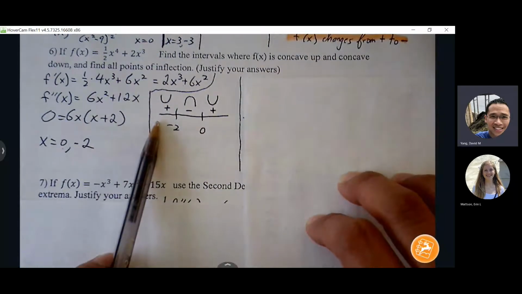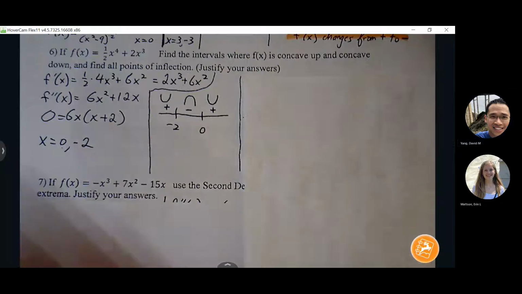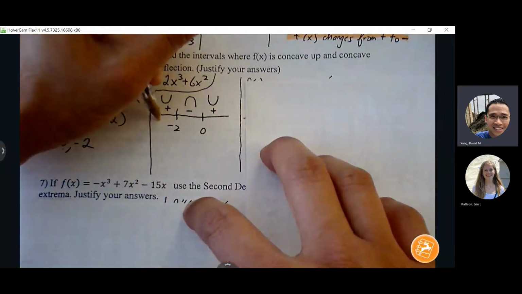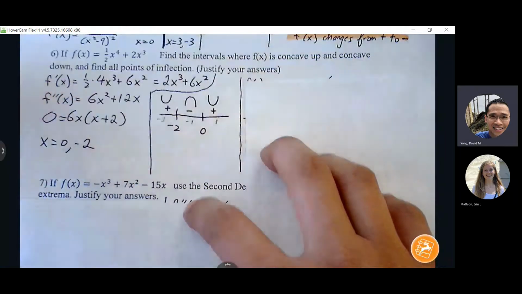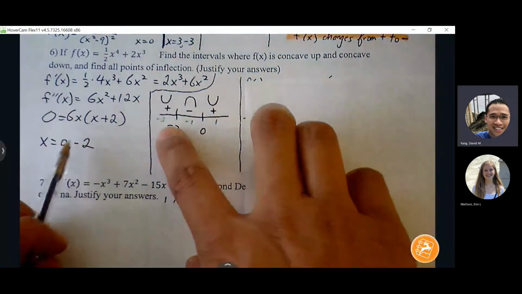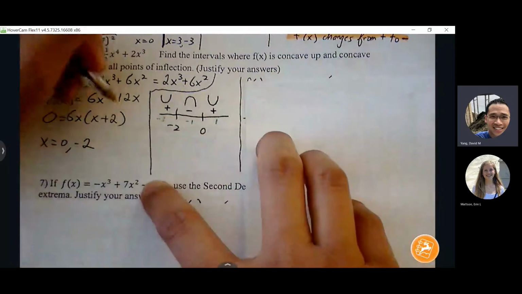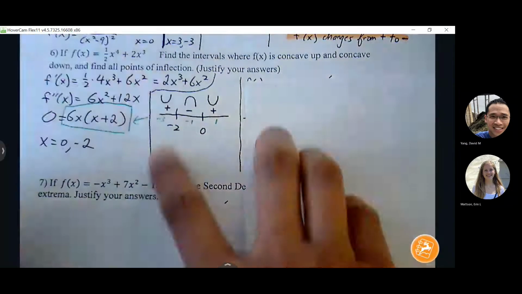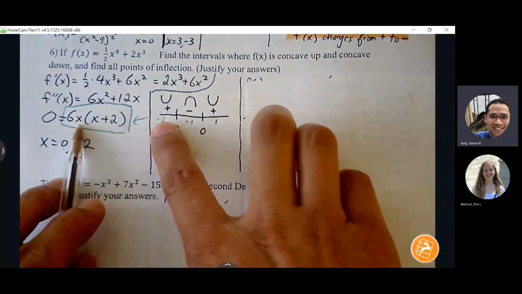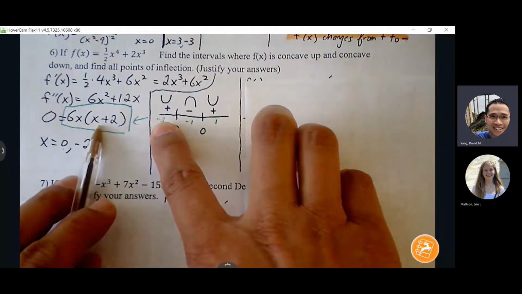Okay, choose values in each subinterval to test. Here I can test -3, -1, 1. They each go into the second derivative factored form. -3 goes in for x, that's negative times a negative is a positive.